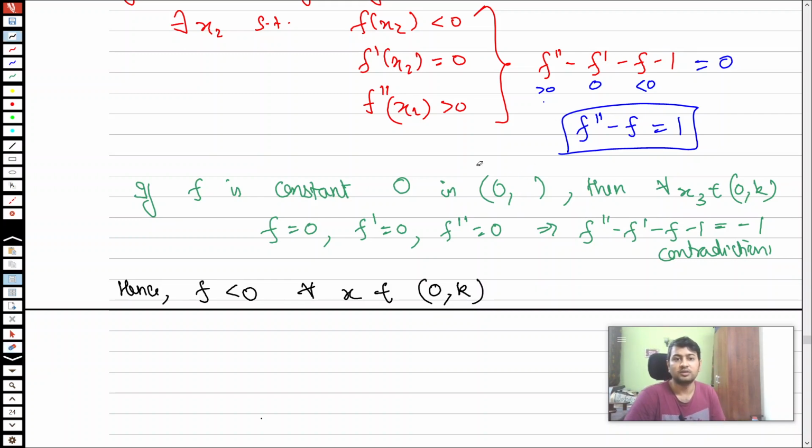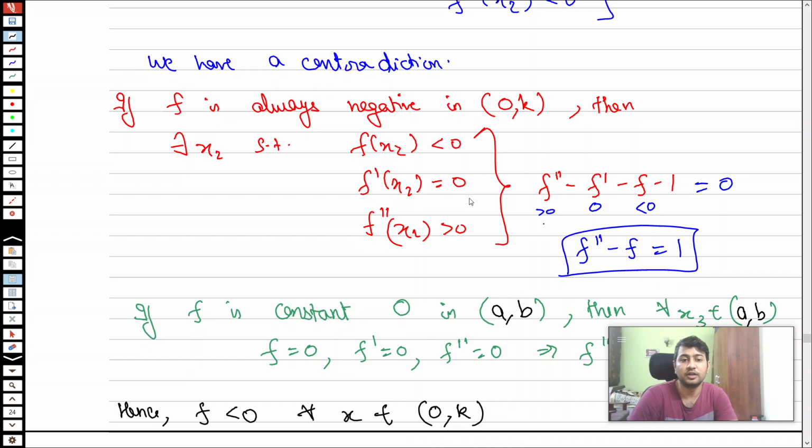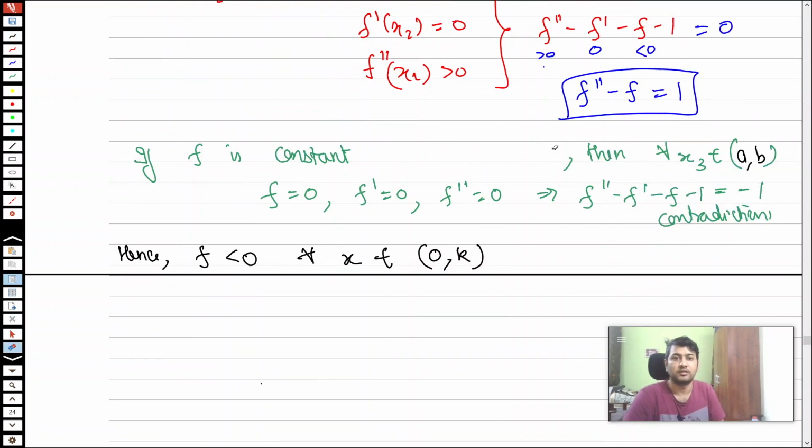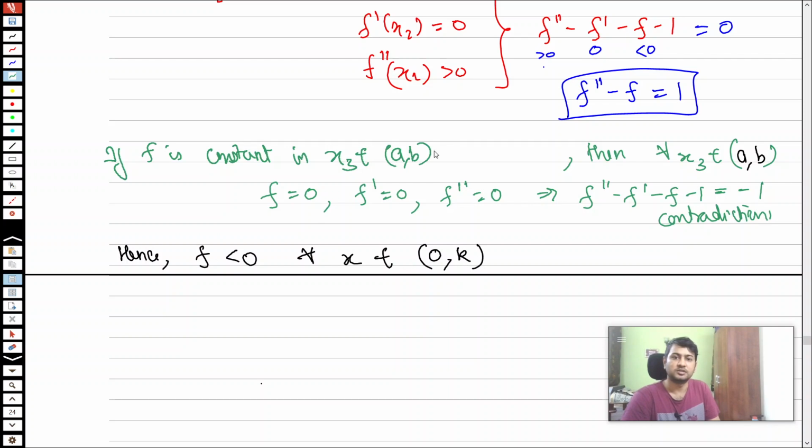It cannot be constant in any range a to b. In any subsegment (a, b), which is a subset of (0, k), if f is constant for x3 belonging to (a, b), then for any x3 in this range this would hold, which is a contradiction.